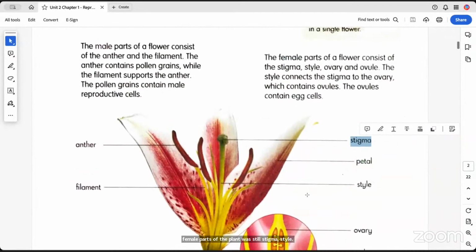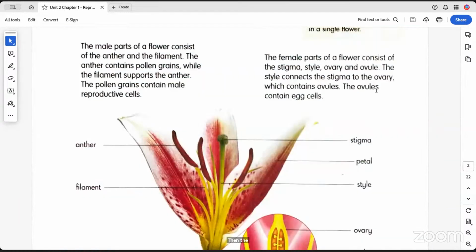All right. So the male part of the flower consists of anther and filament. The anthers contain pollen grain, and that's how the bees got the pollen grain stuck onto them and carried it to another flower for reproduction. The pollen grains contain the male reproductive cells.